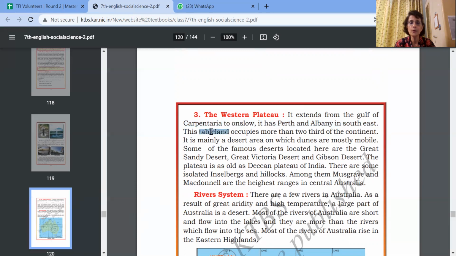And this is also important. This table land occupies more than 2/3 of the continent. So you can imagine how big it will be अगर 2/3 of the continent सिर्फ plateau ही है, flat plateau land.